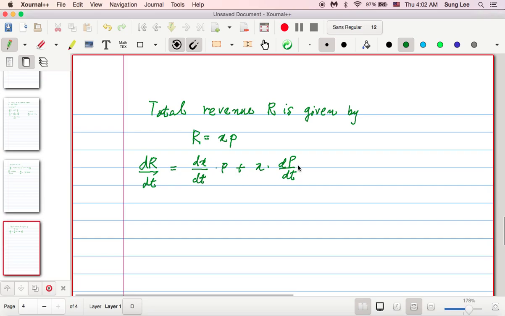Anyway, we're going to need these quantities: dx by dt, p, x, and dp dt. x is known, given in the question: x equals 10 million gallons. So we need to find p, dx by dt, and also dp dt.